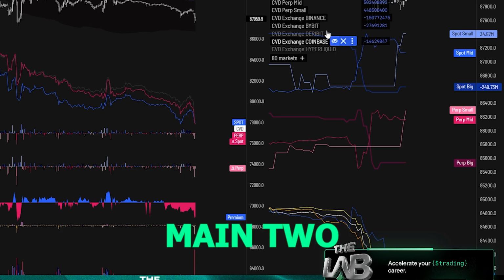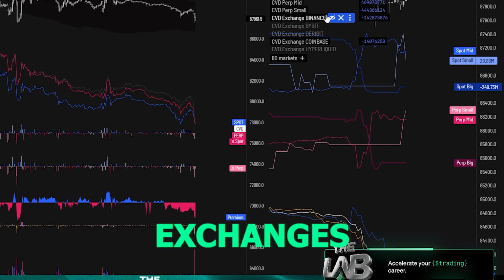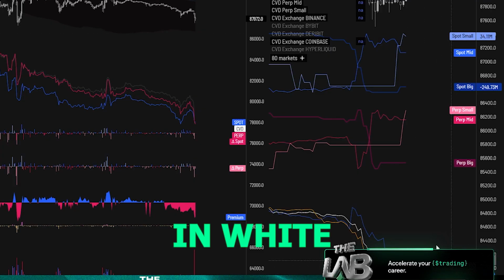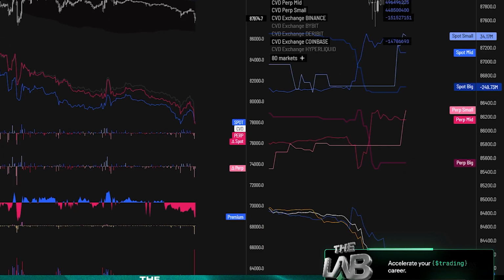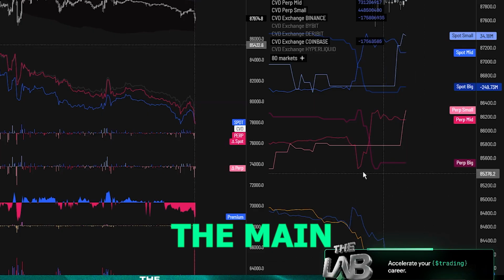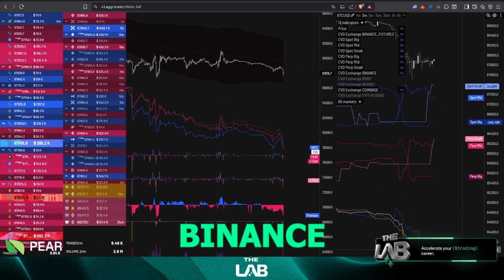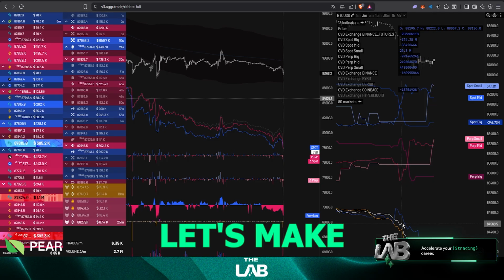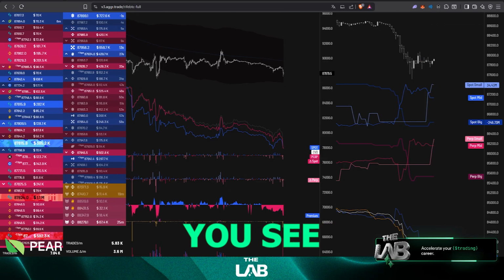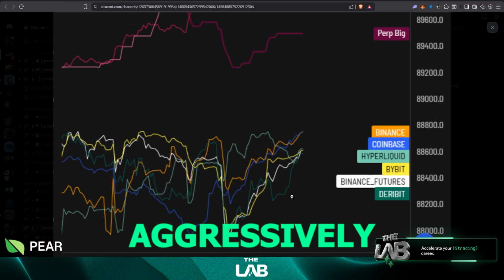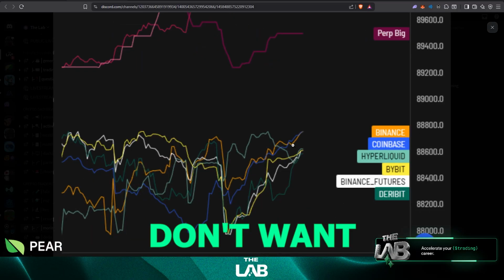Of course we have Binance Futures in white, which is also perps, right? The main venues I'm looking at are Binance Spot, Binance Futures, and Coinbase Spot. Let's make it short. Whenever you see Binance and Coinbase Spot on top, so aggressively buying, you don't want to be short.